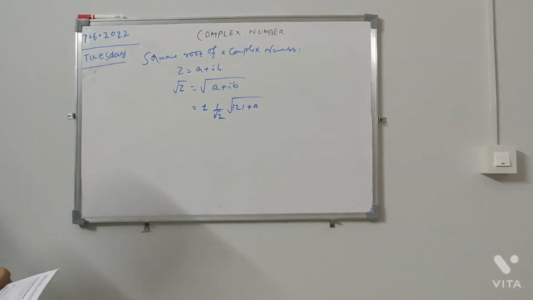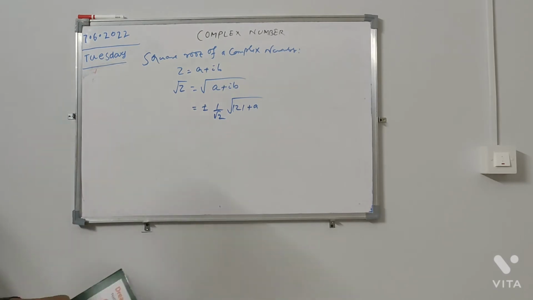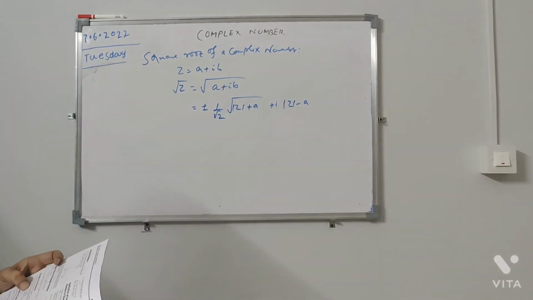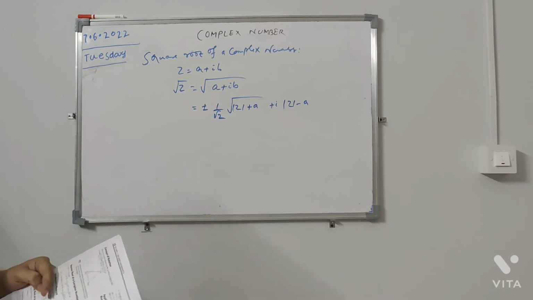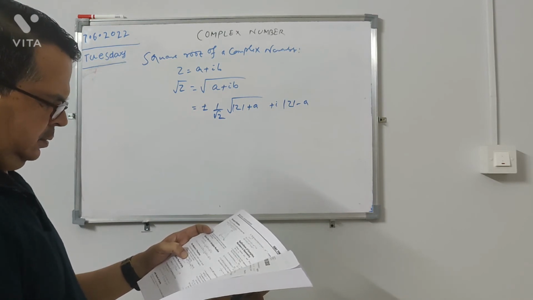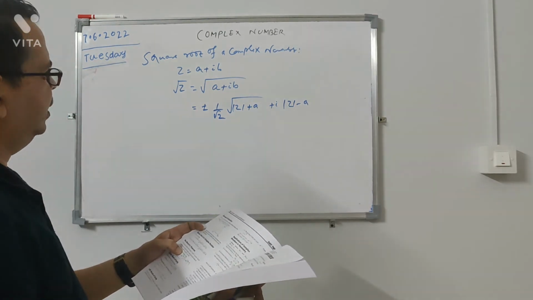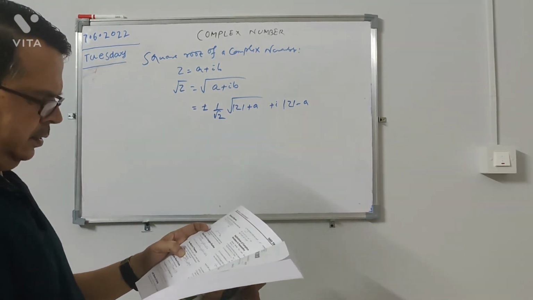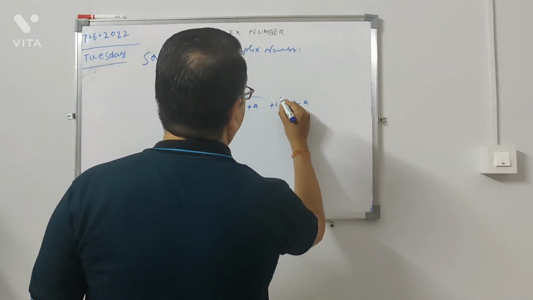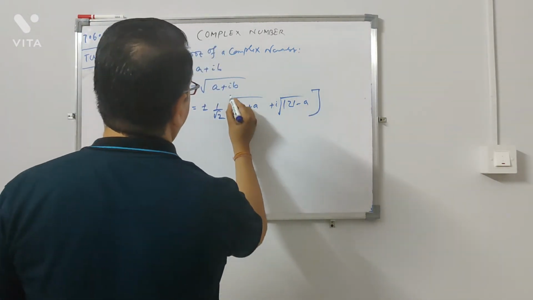So this is square root of modulus z plus a, plus i times square root of modulus z minus a, the whole thing inside a bracket.